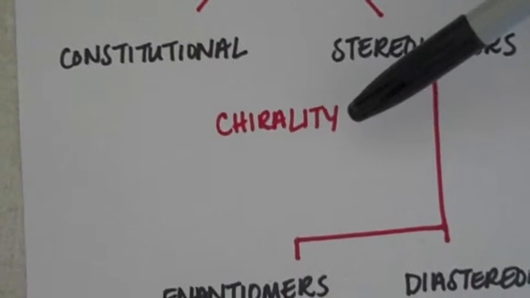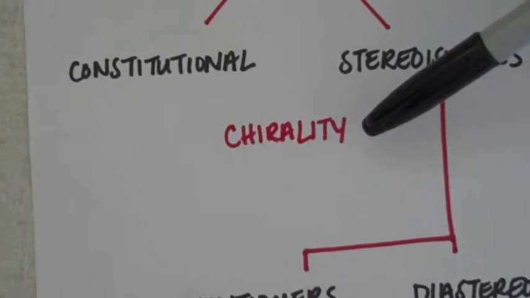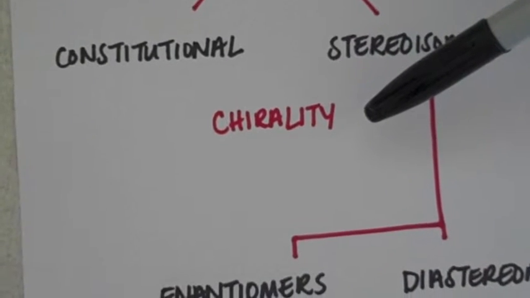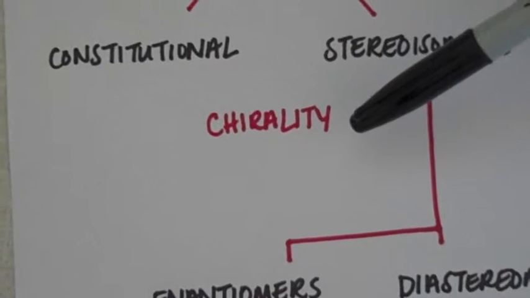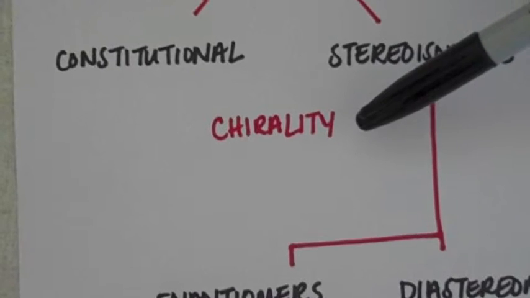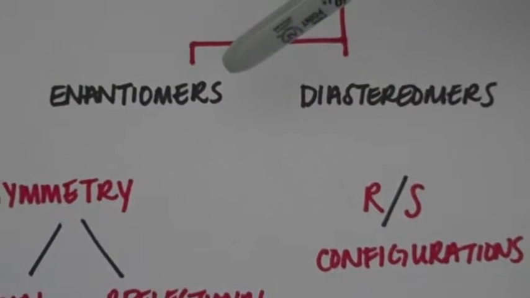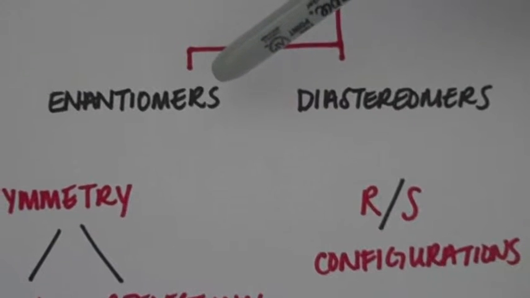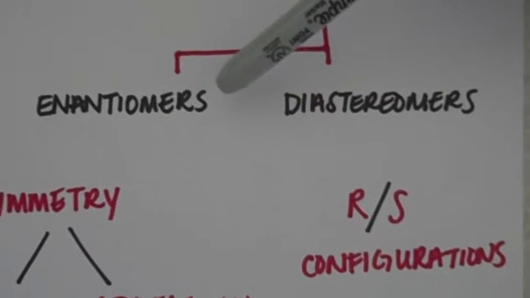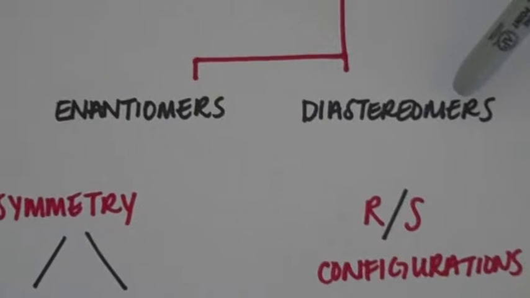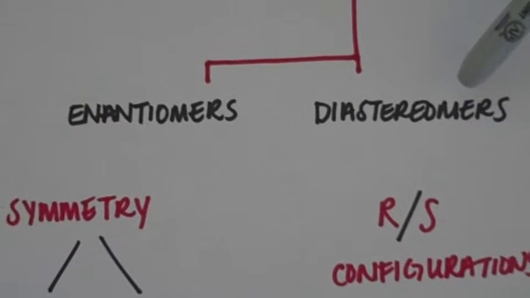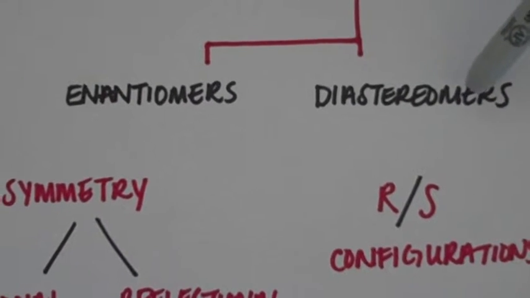Chirality refers to molecules having 1 carbon center with 4 different atoms attached to it. Enantiomers are chiral molecules that are mirror images of each other. Diastereomers are chiral molecules that are not mirror images.